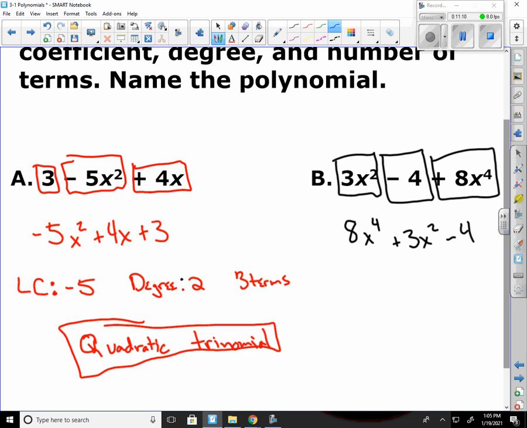My leading coefficient is 8, because that's the number in front. The degree is 4, it's my highest exponent. And it also has 3 terms.